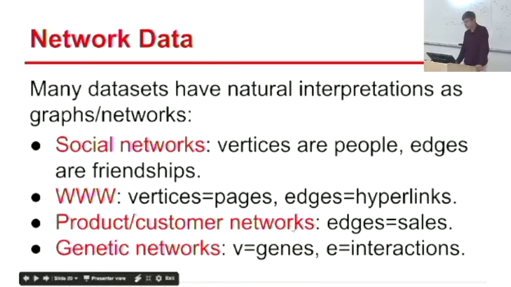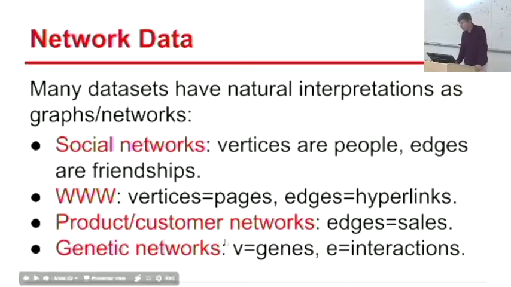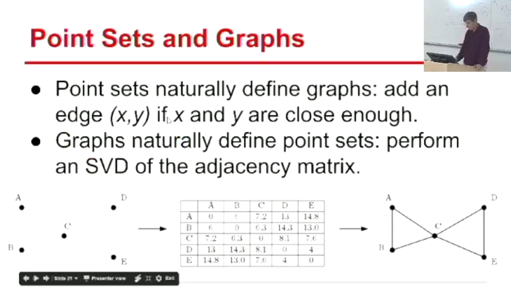There's a lot of data sets which are naturally represented by networks. Often, if you work for a company, you have product-customer networks. Some vertices are products that you sell, some vertices are customers. There's an edge if customer I bought product J. All kinds of things can be modeled by networks. That much should be clear.